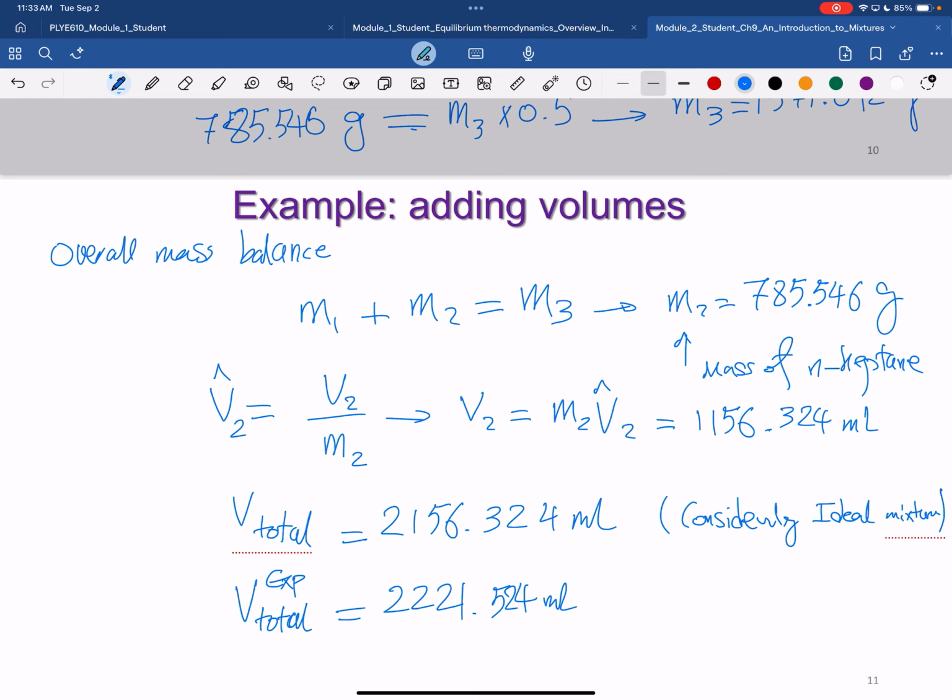So slightly, your actual volume is larger than what you get from the volume additivity. But for calculating the mass, you can use conservation of mass. That's universal, so there shouldn't be any problem with that. We'll talk a little bit more later.